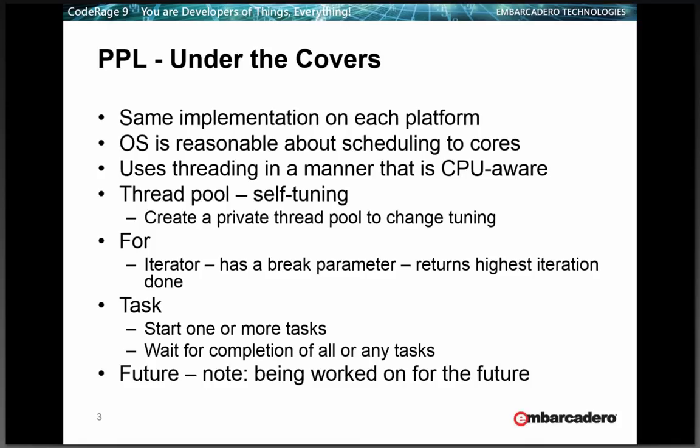And the operating system knows how to schedule for the different cores that it finds, so that you don't have to think about that in a sense. But the parallel programming library uses threading that is aware of what's going on in the CPU and does a lot of self-tuning for you. There is a global thread pool, but you can also create your own thread pools if you choose to. The thread pool can, as I mentioned, tune itself based on what's happening.